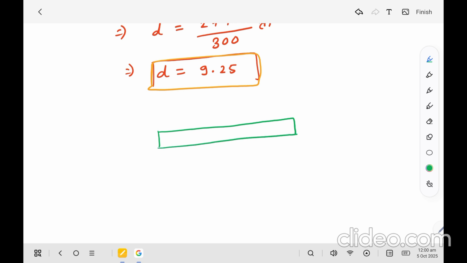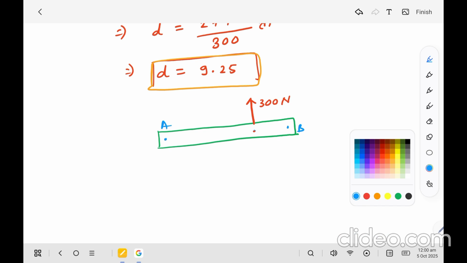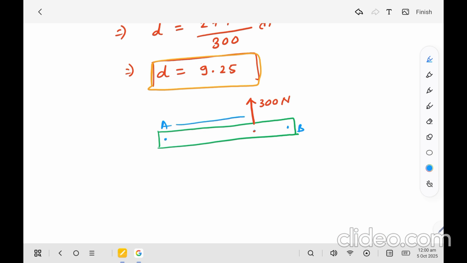Okay, so this is point A and this is point B, and total distance was 12 meter. Okay, so 9.25 is somewhere here, and the resultant R is 300 Newton, and this distance from point A is 9.25 meter.